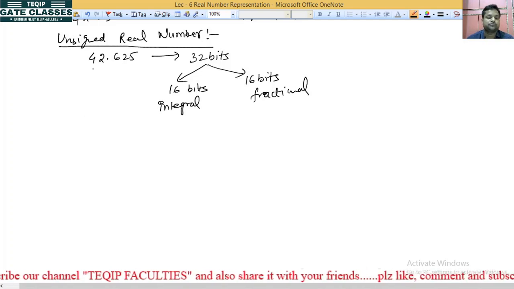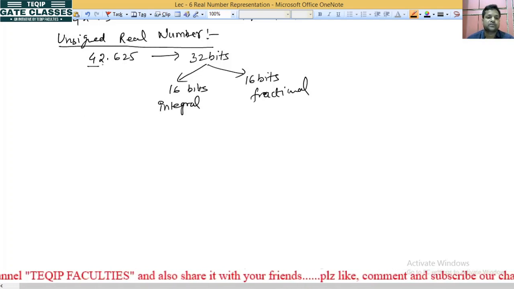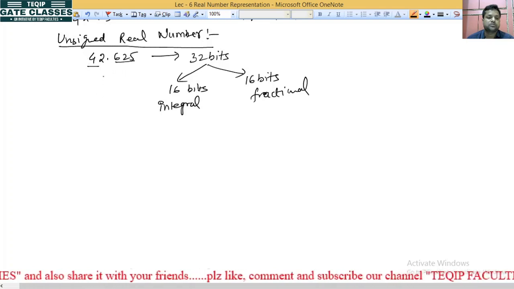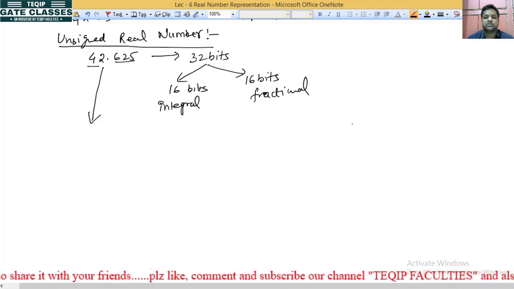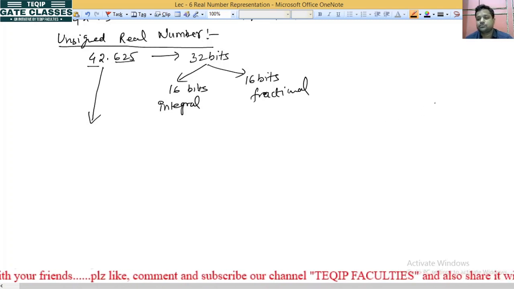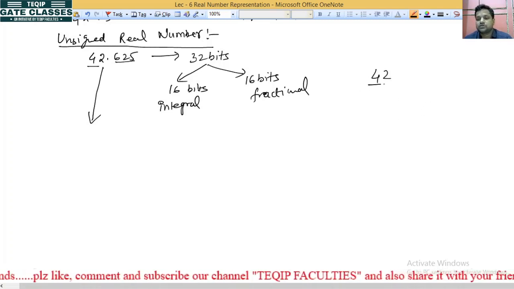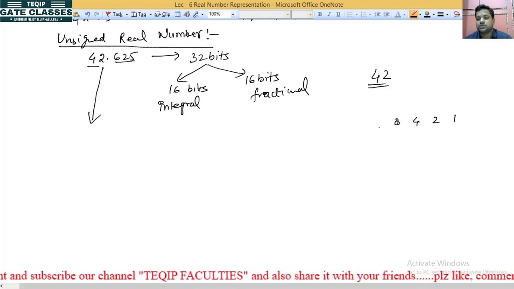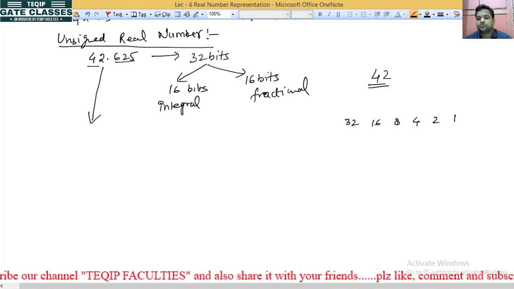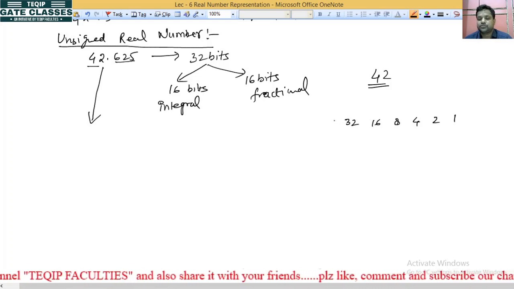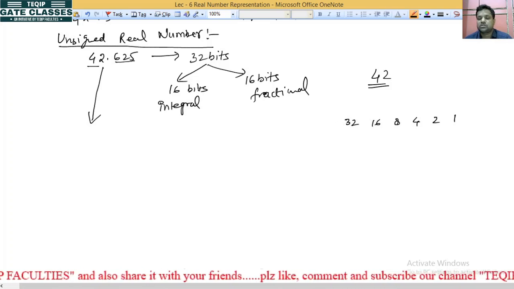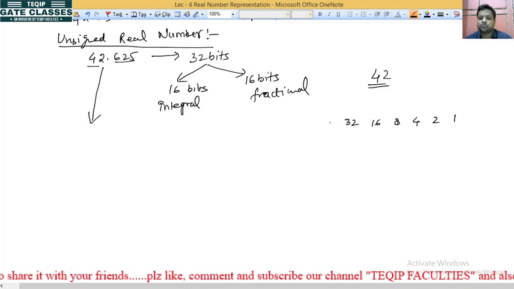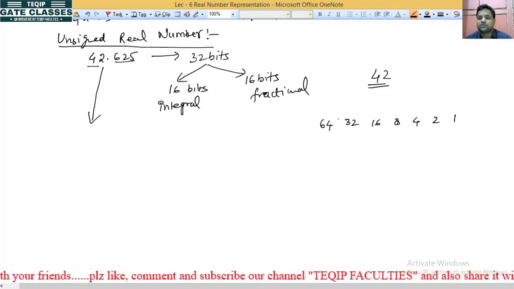So first of all you have to take the binary equivalent of this decimal number. What will be the binary equivalent of this number? We have 42. So 1, 2, 4, 8, 16, 32. To get the next value you just multiply 2 with the previous. So 32 into 2 it will be 64.